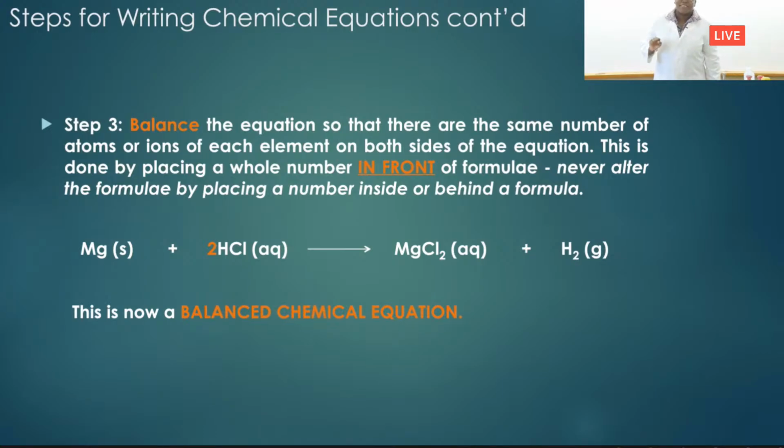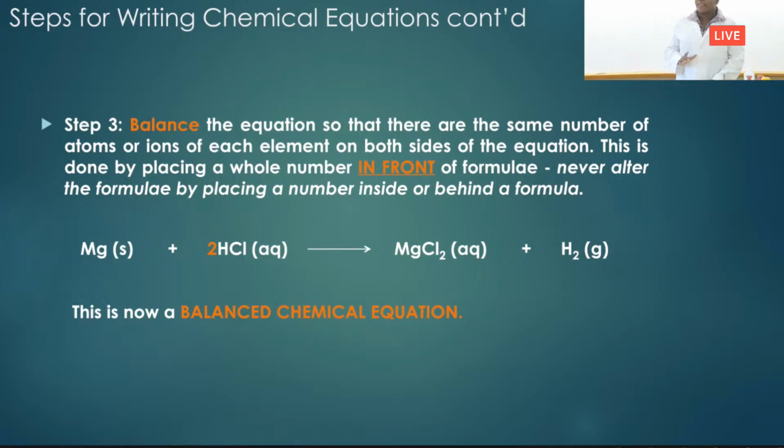Balance your equation. Now, an equation is not an equation unless it is balanced. So if you have gotten through step 1 and step 2 really well, then you've only gotten a fraction of the marks that could be credited. But if your equation is not balanced, then, well, you've missed a big chunk of something important. So what do we mean by balance?